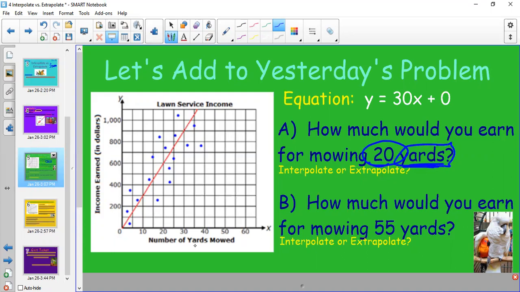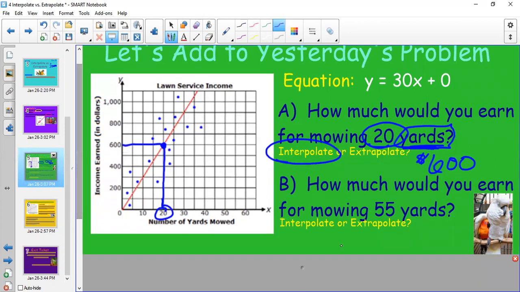Yards is our x-axis, so I'm going to find 20 on our x-axis. I'm going to go up, ignoring all the points just like we did yesterday, until I hit our line. That was $600. That was inside of all of our data points, it was on our graph. That is called interpolation, estimating inside of our data.